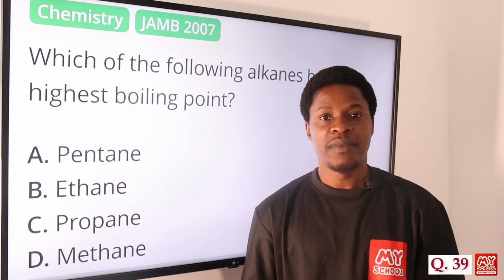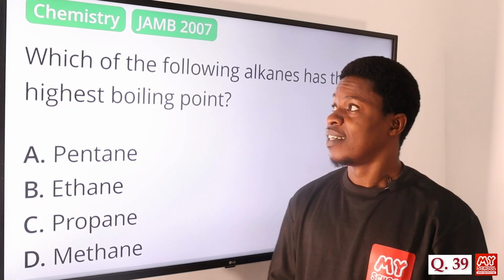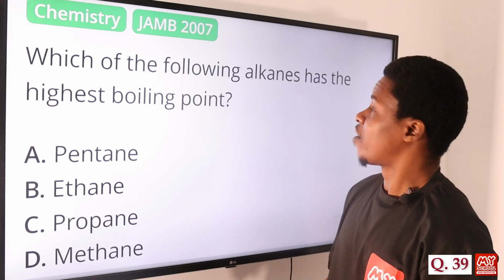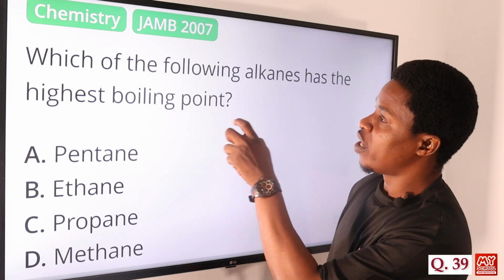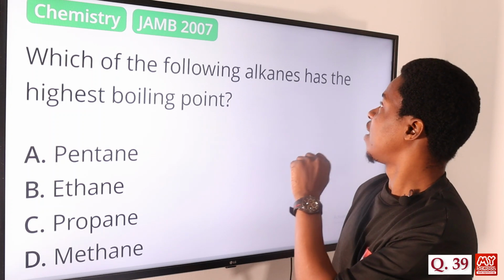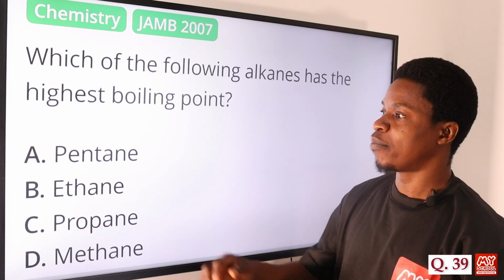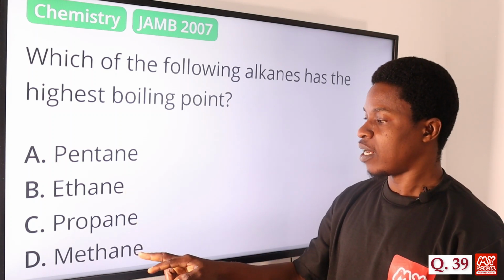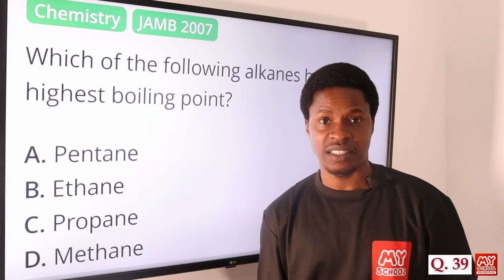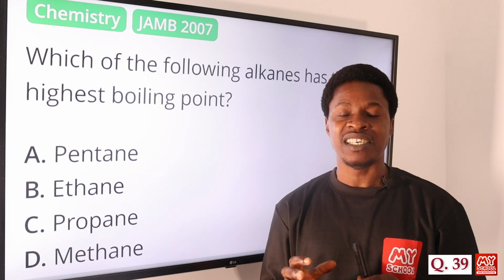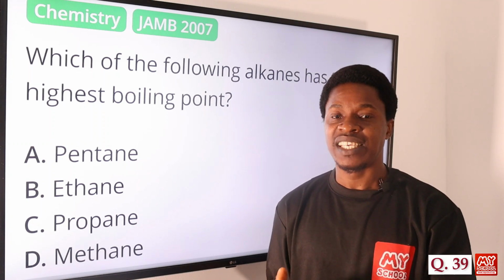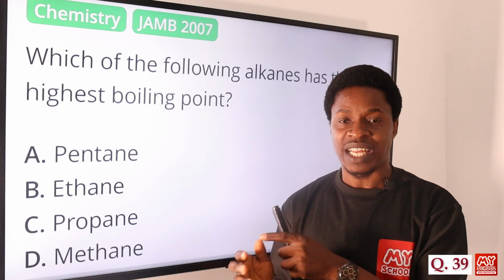Let's move on to question number 39. Which of the following alkanes has the highest boiling point? Option A says pentane, ethane, propane, methane. Actually, in alkanes, boiling point increases with increase in the carbon atoms present.